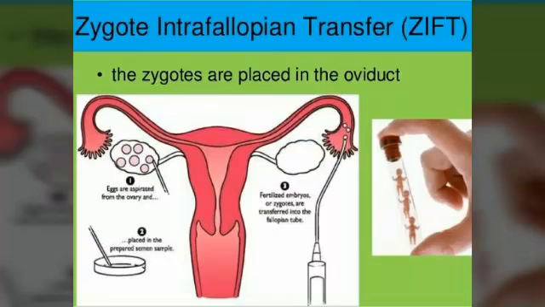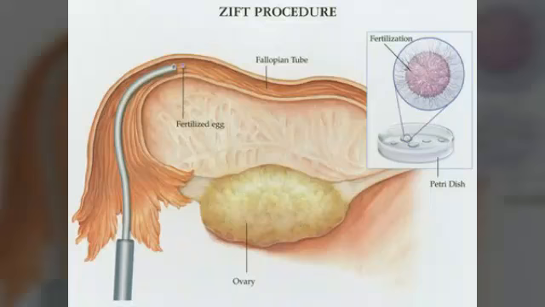So this is the diagram which represents zygote intra-Fallopian transfer. It means the sperm and the ovum are collected from the male and female, and the male and female gametes are fused to each other.